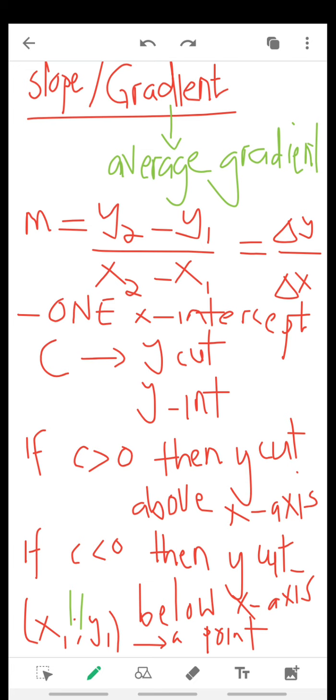Okay, and then when c is positive, it means the graph cuts the y-axis above the x-axis, meaning on the positive side of the y-axis. And then when c is negative, the graph will cut the y-axis on the negative side of the y-axis, okay. And then another thing that you need to make sure that you understand is that with straight lines, we have only one x and one y intercept.